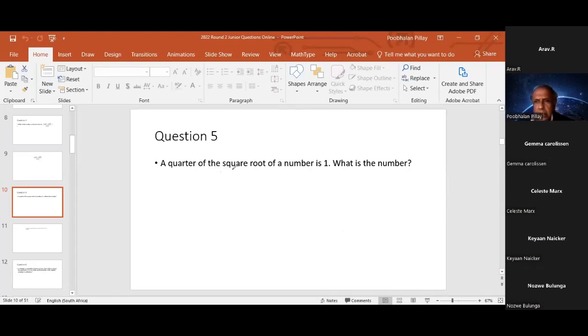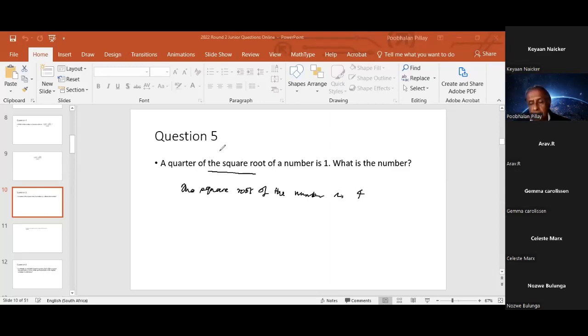Right. A quarter of the square root of a number is 1. What is the number? Now, you have to read this and understand it. A quarter of some number is 1, so some number being the square root of the number must be, if a quarter of that number is 1, then that number must have been 4.